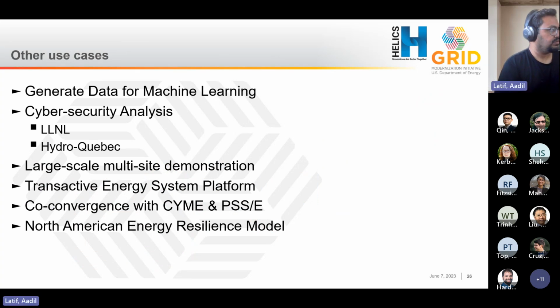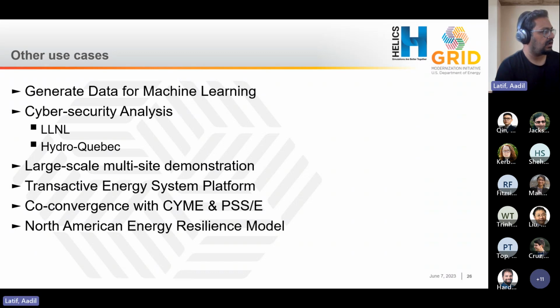So there are other use cases. One I've already talked about, generating data for machine learning. We develop synthetic data to train our neural networks, right? Cybersecurity analysis is another thing we talk about. If you want to test out a new communication protocol, you can use something like OMNeT++ or OPNET, some communication simulator, as part of your co-simulation framework.